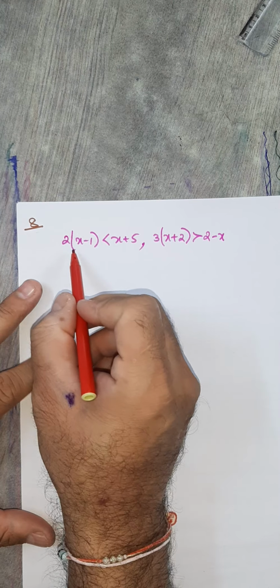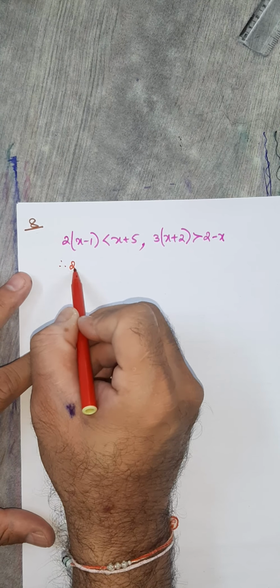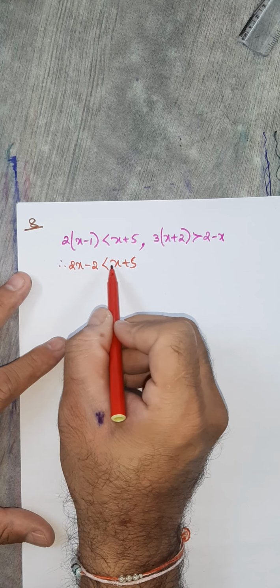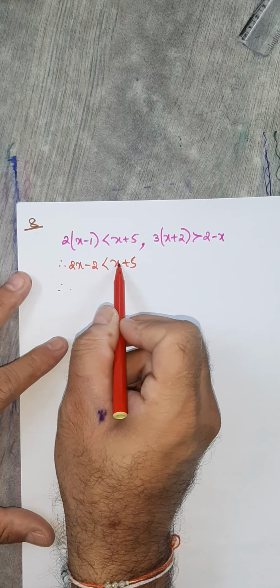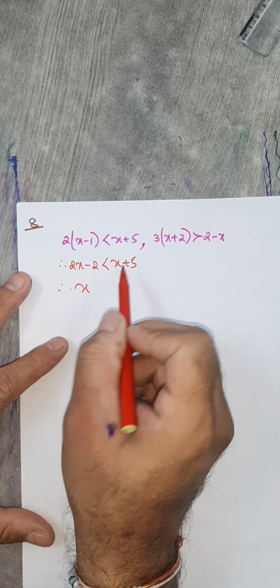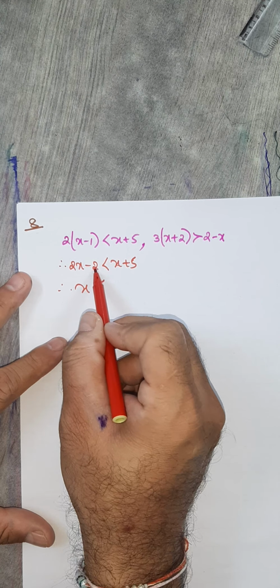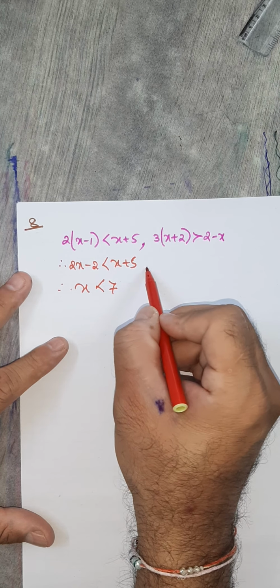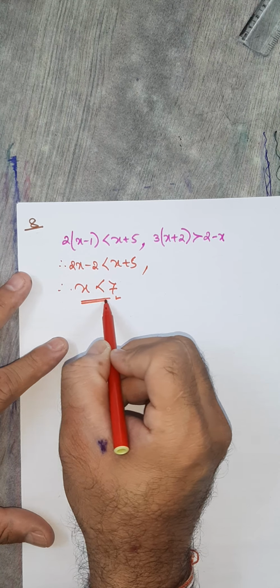Okay, so I'll just open the bracket here. 2x minus 2 less than x plus 5. Take x on the left hand side: 2x minus x, x. Take 2 on the other side: minus 2 plus 5, that is 7. So x is less than 7.